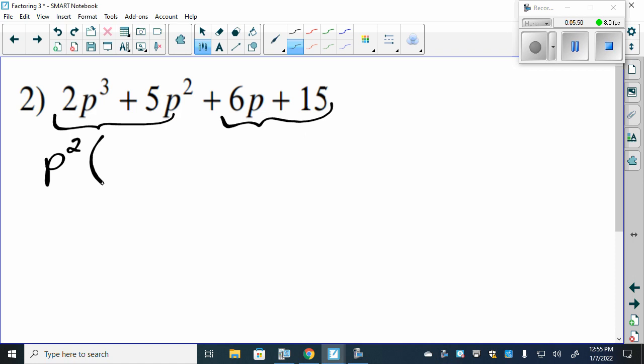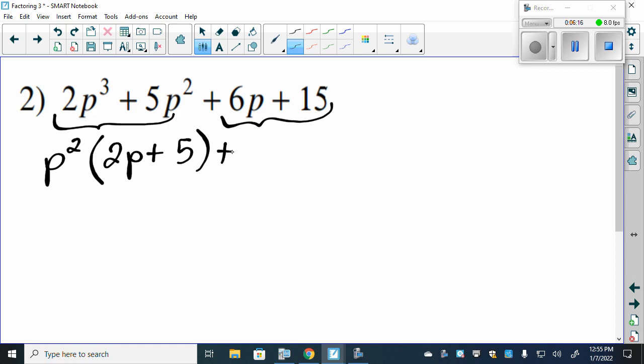So if I factor p squared out of 2p cubed, I'm left with 2p plus 5. Because in the second one, the p squared factors out completely. And whenever something factors out completely, if we'd taken the 5 with it, it would just be 1.